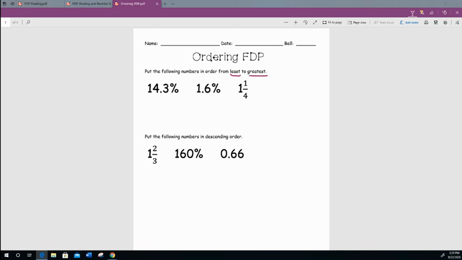So we're looking for our smallest number here, and this fraction really stands out to me. It's 1 1/4. What we could do is convert it into a decimal, or turn it into a percent, or just think about it. I'm going to go ahead and convert it to a decimal so we can see that. 1 1/4, the 1/4 is a benchmark.